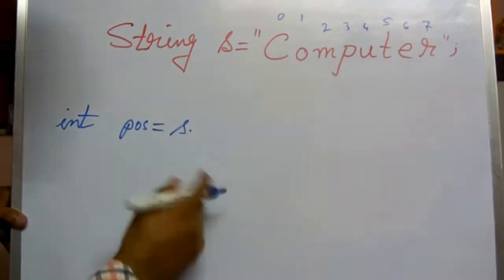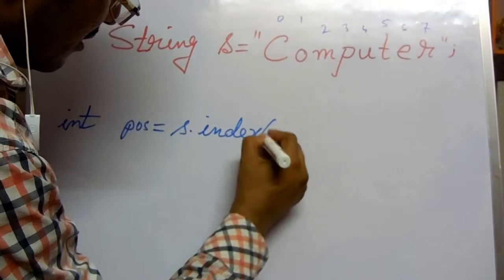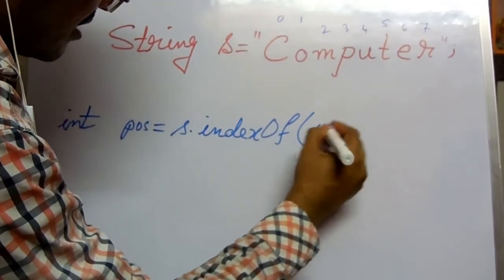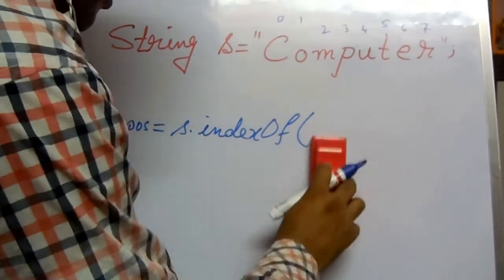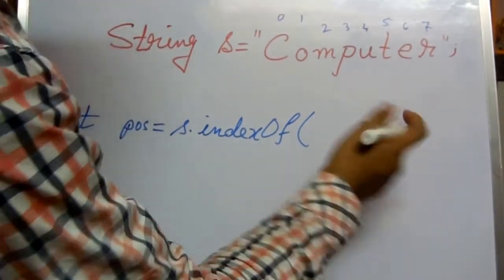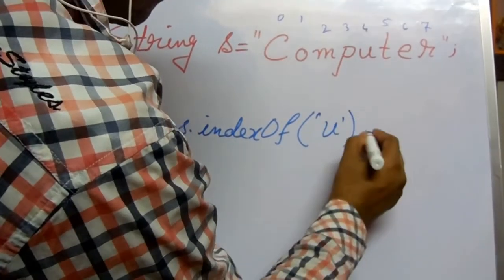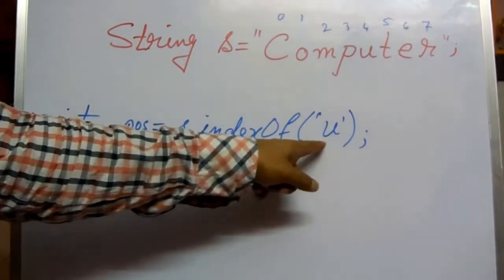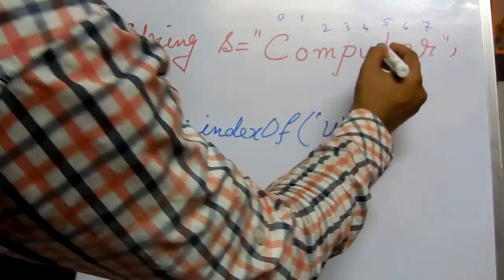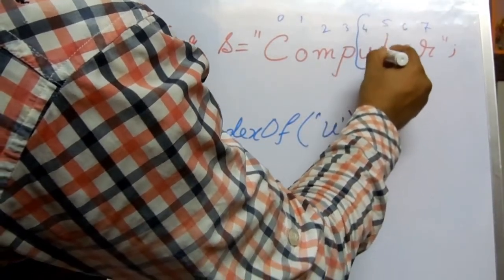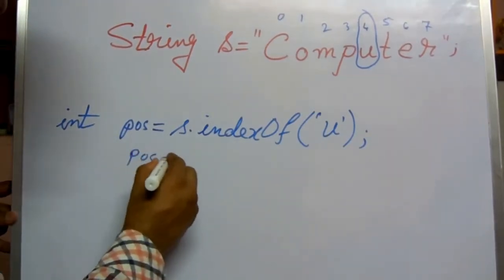So from the string variable s, indexOf, very sorry, it will be in character form. Suppose indexOf 'u'. What is the index of u? Index of u is 4. So the value of pos will be 4.